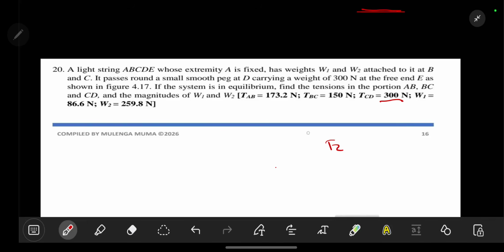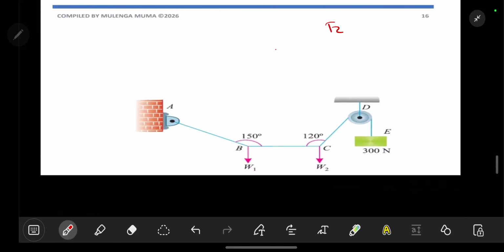If the system is in equilibrium, find the tension in the portions AB, BC, and CD, and the magnitude of W1 and W2. So we have the answers provided. So how do we do this?